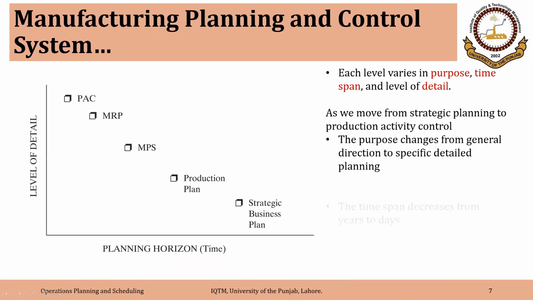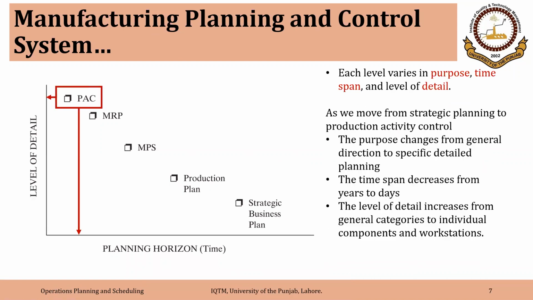So we have seen this figure repeatedly. We have discussed the production plan, the master production scheduling, material requirements planning, and we are going to focus on production activity control. That has a very short planning horizon. It is done practically on a daily basis, and it is reviewed on a daily basis. So the level of detail is very high. We are discussing each and every machine that is involved in the production, each and every step that is required to make the product.